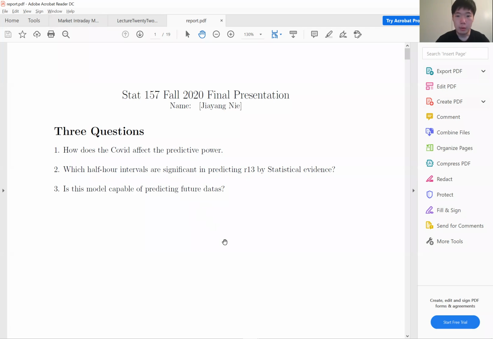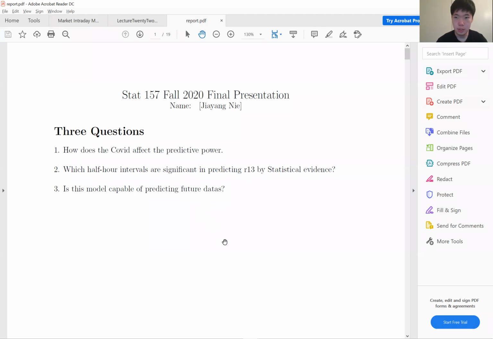Secondly, I want to see which half-hour intervals are significant in predicting R13 by statistical evidence. And my third question is, is this model capable of predicting future data?